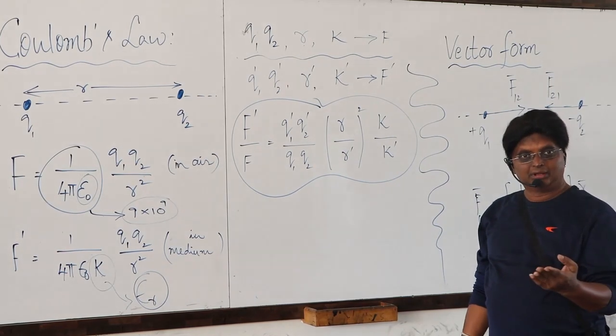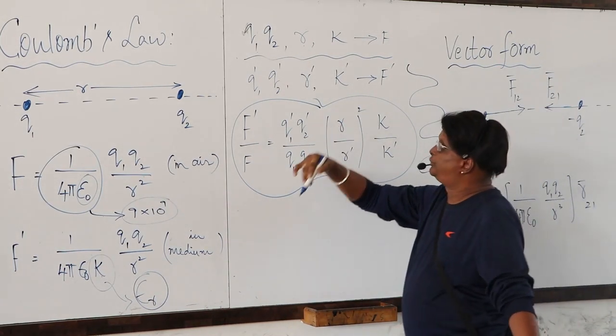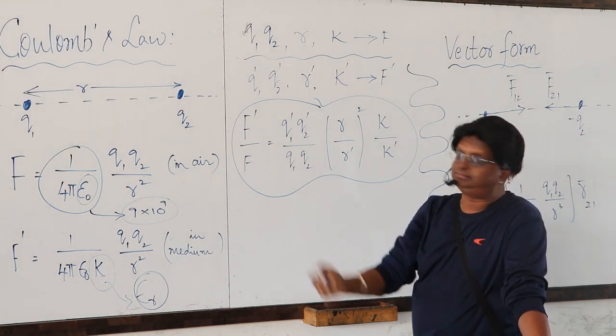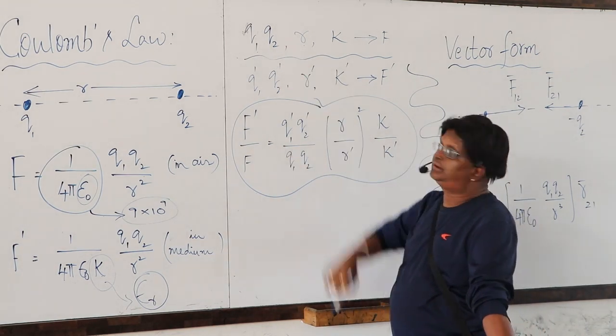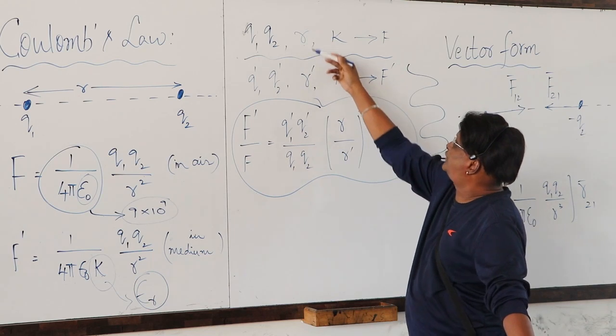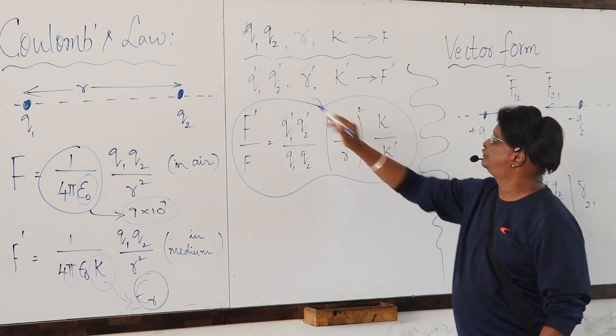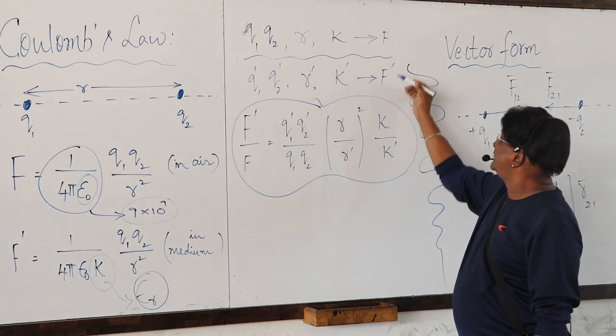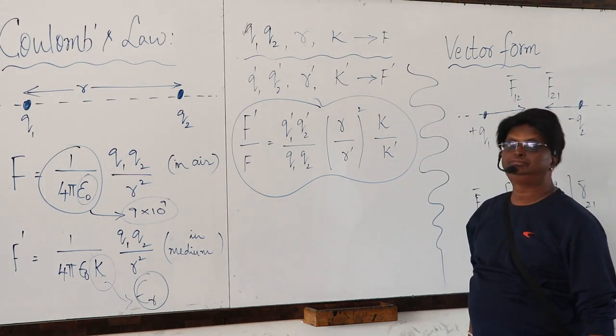Now here I am showing you, suppose the charges change, either 1 or 2, any of them. So this is the change in the charge, this is the change in the distance, R becoming R dash. I have used all the primes here, you can see, and K becoming K dash. Now this is F dash.